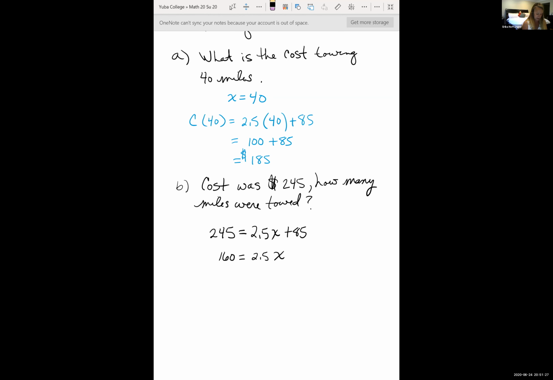Divide both sides by 2.5. You get 64. So that was representing the number of miles towed.